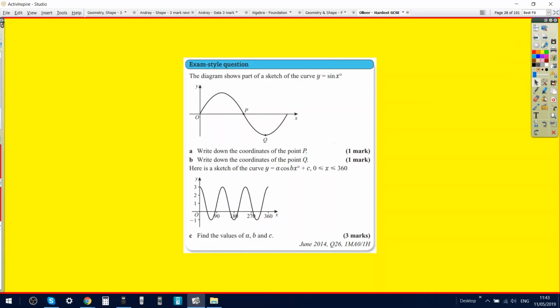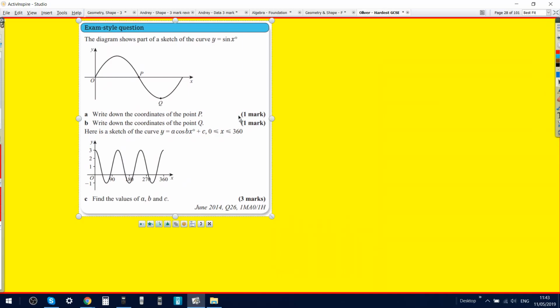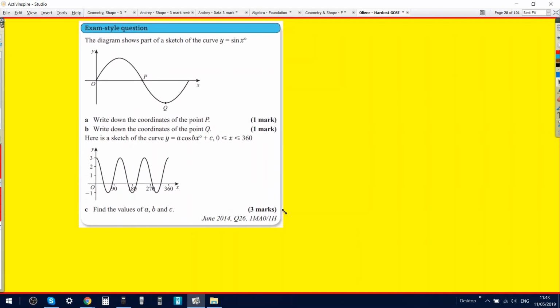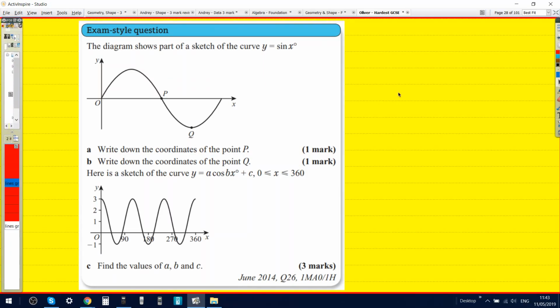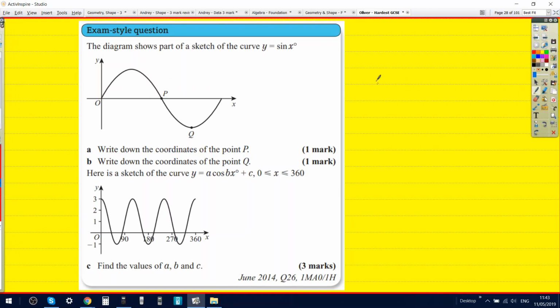Okay. That's fine. It's not too bad at all. What would be the coordinates of Q for this one? 360. 360 would be here, I believe.